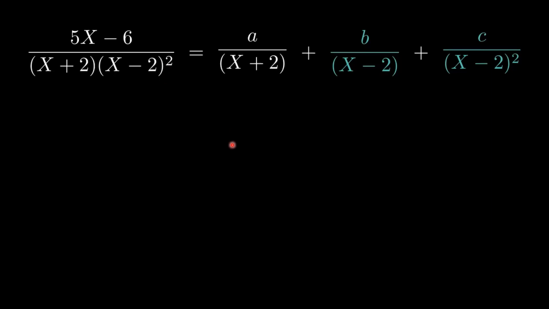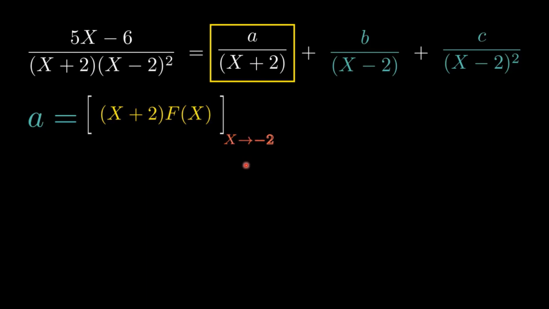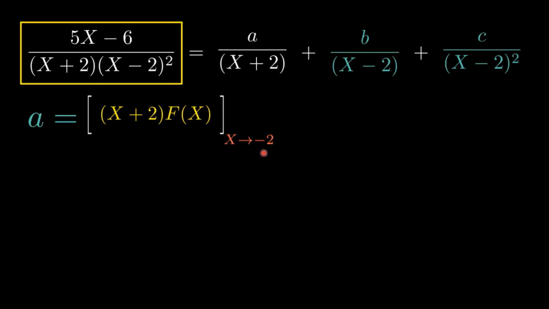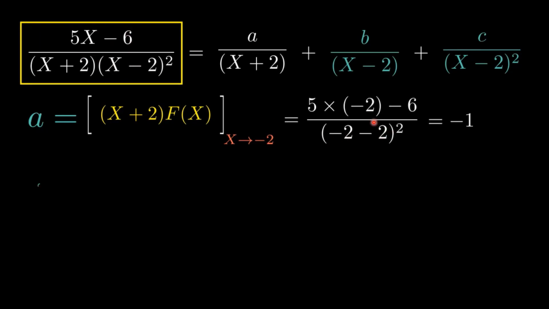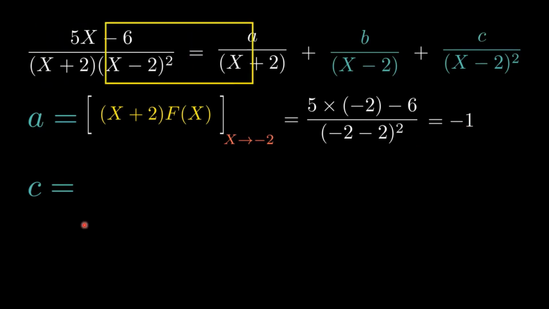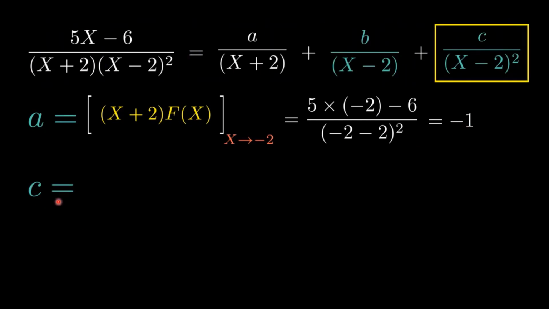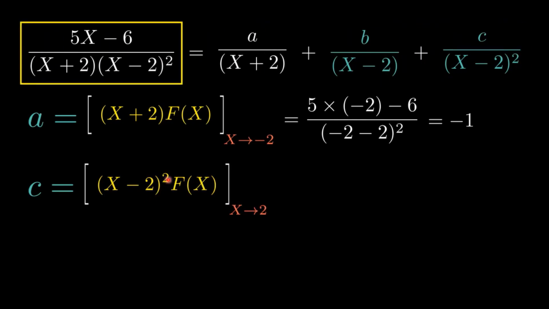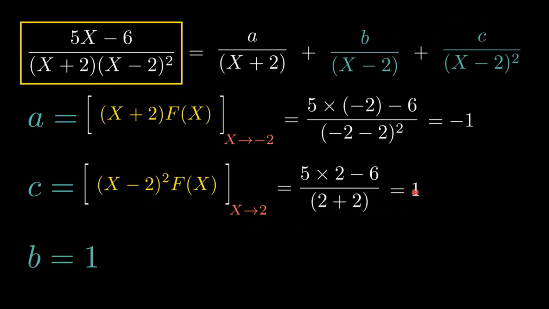We get a by multiplying f of x by x plus 2 and replacing x by -2, which gives -1. For c, we multiply f of x by x minus 2 squared and take x equals 2, which gives c equals 1.